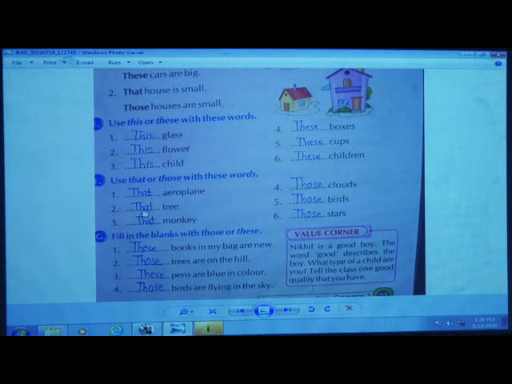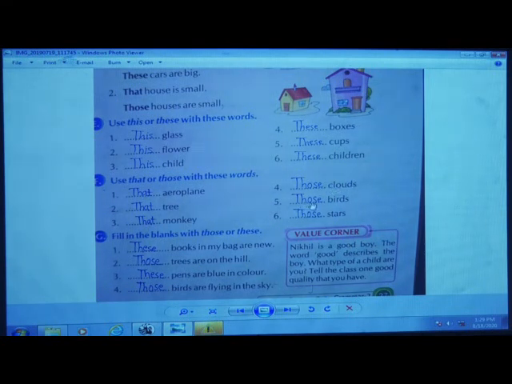That tree. That monkey. Then those clouds.